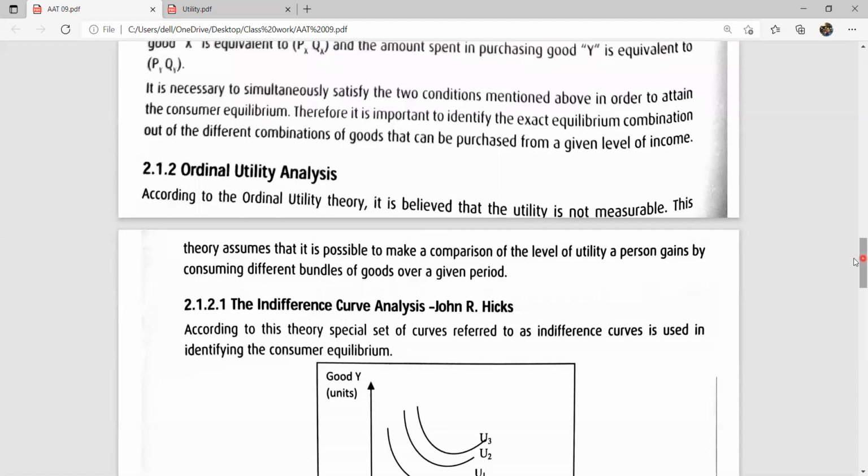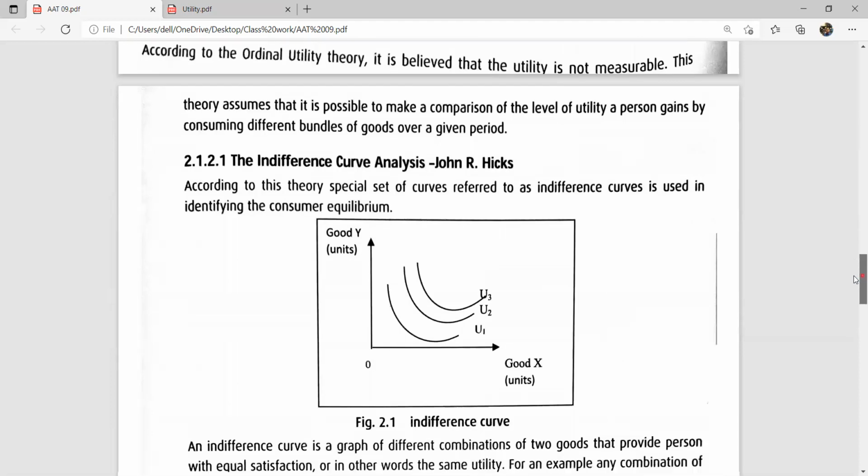According to the ordinal utility theory, it is believed that utility is not measurable. This theory assumes that it is possible to make a comparison of the level of utility a person gains by consuming different bundles of goods over a given period. Indifference curve analysis.